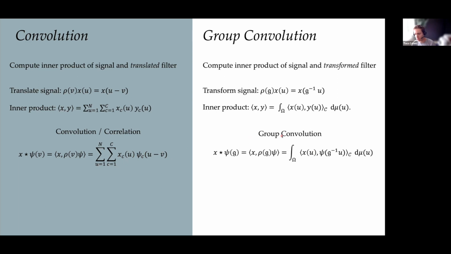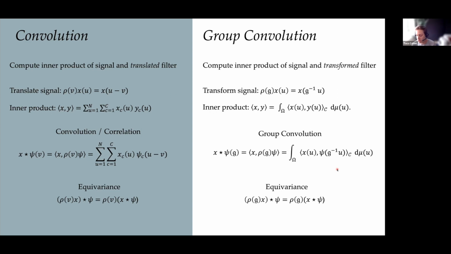And for group convolution, we have something completely analogous. We have our signal convolved with a filter, evaluated now not at a translation, not at a planar position, but at the group element G. That's the inner product between X and our filter transformed by G, which again, we can expand the definition of the inner product and the transformation of the filter, and we get this equation here.